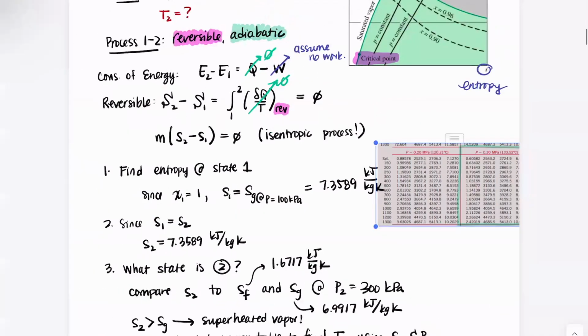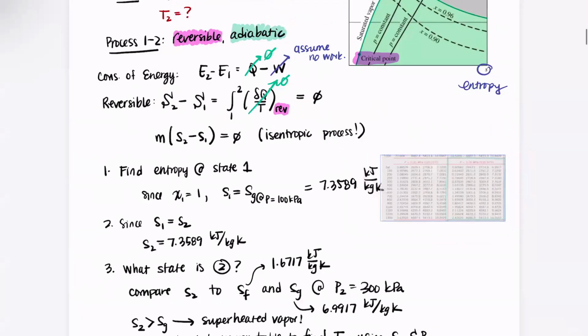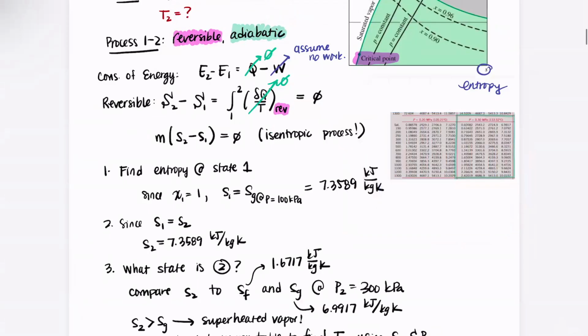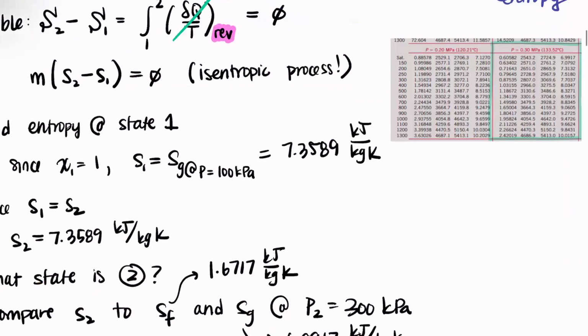Okay, so here is our table. So for our pressure cell, we want to make a little interpolation table of temperature and entropy. So we know that our entropy is 7.3589. So we want to find two entries for temperature and entropy that are close to that.